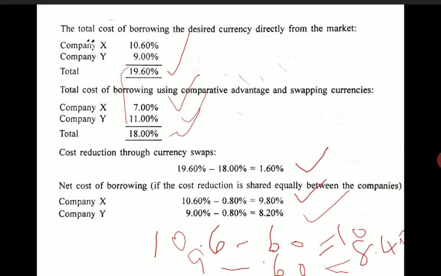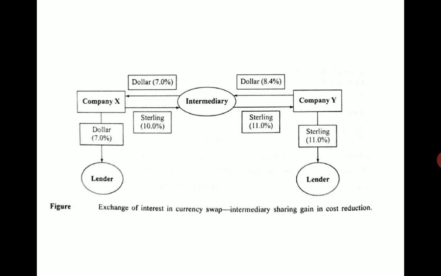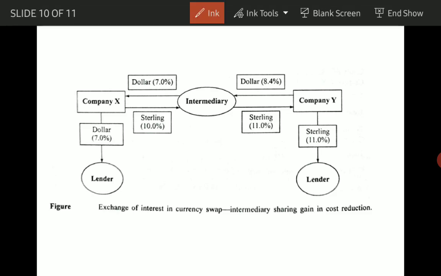So let us see if the intermediary wants to make a profit. Okay, so here the cost reduction is shared among three parties. So you can see here, company Y will pay 8.4% to the intermediary, out of which the intermediary pays 7.4% to company X, so company X pays off its lender.